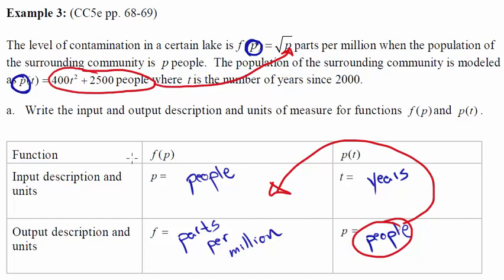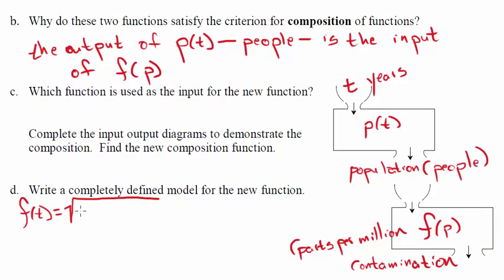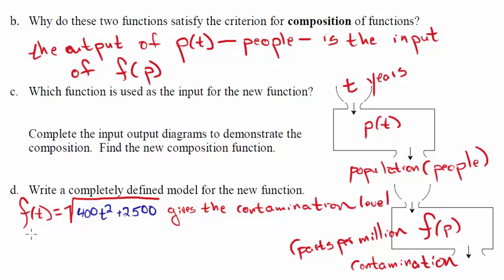So that would be the square root of 400 t squared plus 2500. My output units here are parts per million, so this gives the contamination.